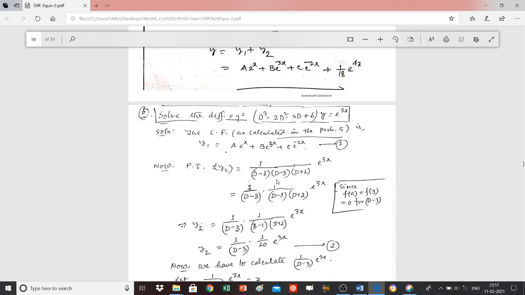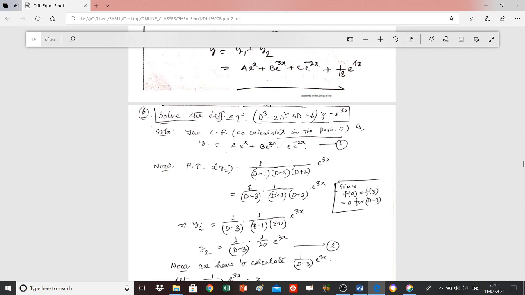But in this case, D minus 3, see here, if you replace D by 3, then this will give you f(a) is equal to 0. So in that case, this D cannot be replaced by 3. So I am writing here separately 1 by D minus 3, because in that case, this is separated from the rest two parts.